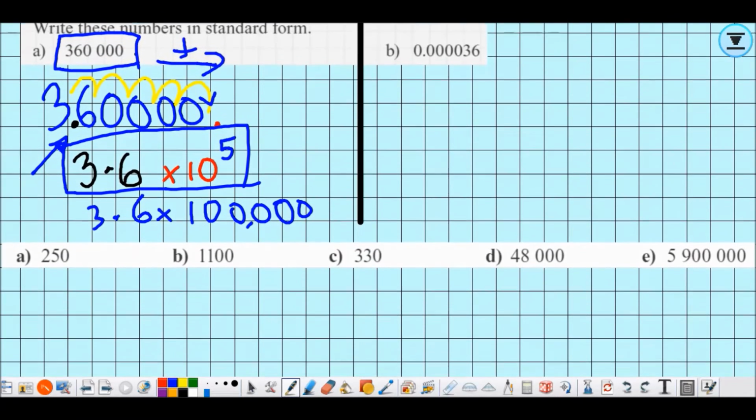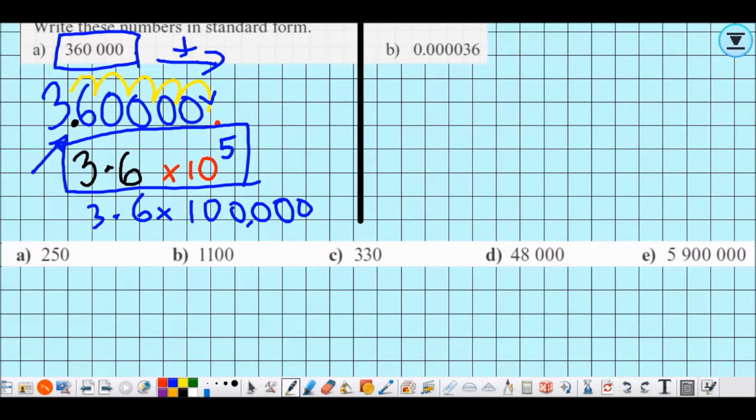Let's have a look at some positive values. Again, if we use the same rule of thumb, if I put my decimal between the 2 and the 5, I end up with 2.5. How many spaces am I bouncing it back out? 1, 2. So it's times 10 to the power of 2. Next one.